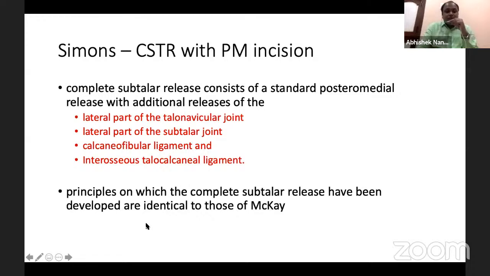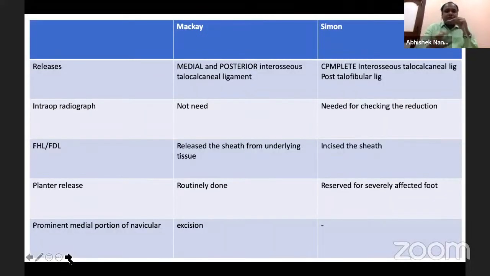Now his principles and Mackay's principles were the same, only the incision changed. But there is some difference between Mackay and Simmons. In Mackay the medial and posterior part of the interosseous talocalcaneal ligament was released, but in Simmons he released the complete talocalcaneal ligament. Because Mackay did an extensive release, intraoperative radiographs were not required, but Simmons regularly used radiographs for checking the reduction.